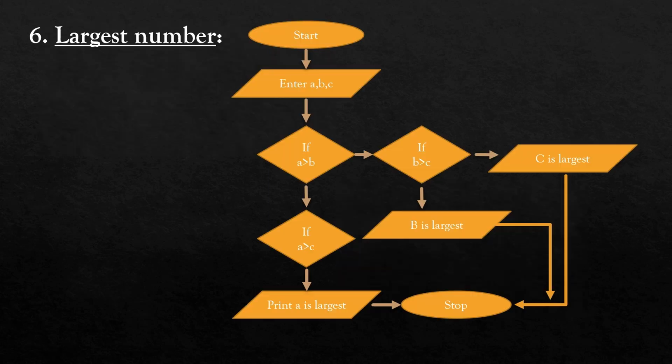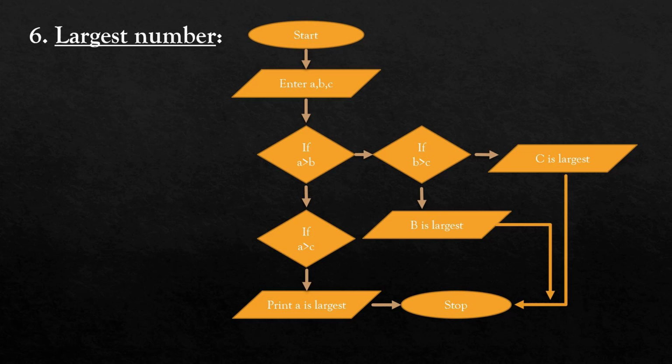So moving to the next program, let's find the largest of the three numbers. First we will see its flow chart. Obviously start and end are in oval shapes. Then in parallelogram, we will write enter three numbers, which is an input. Then in a rectangular shape, there is a process of comparing the numbers.